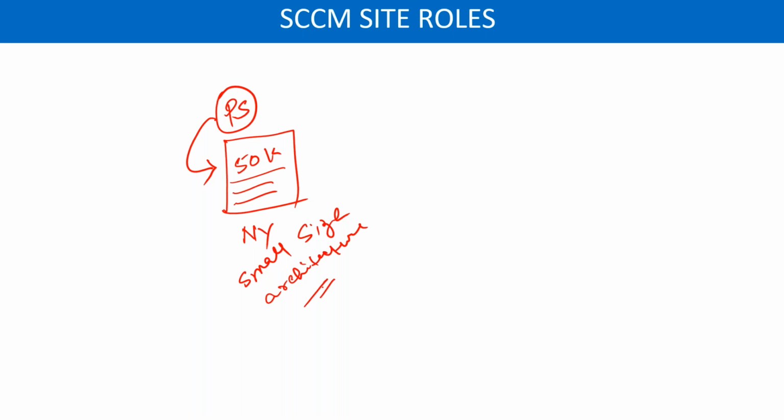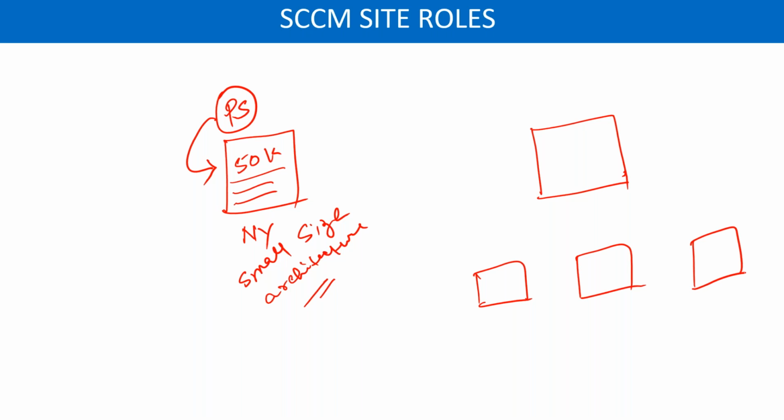Only one primary site. If you expanded your business, let's say now you have put up your branch offices in multiple locations. Let's say New York is your headquarter, and now you have branch offices in, let's say, Mexico, then London, and then Mumbai.